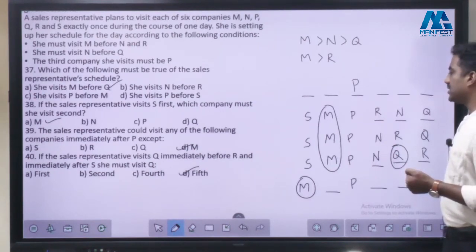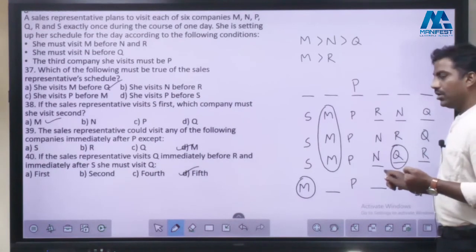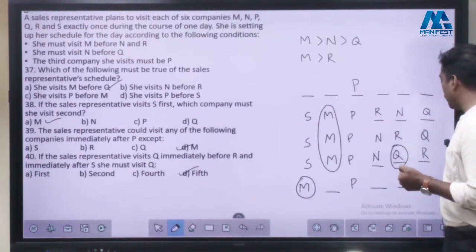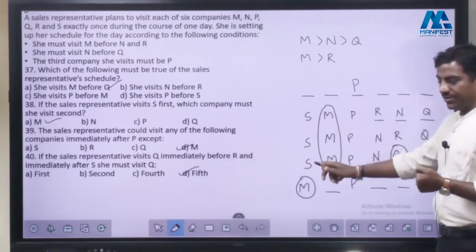Last question, if the sales representative visits Q immediately before R, I have told you Q either will take these two places when S is here.